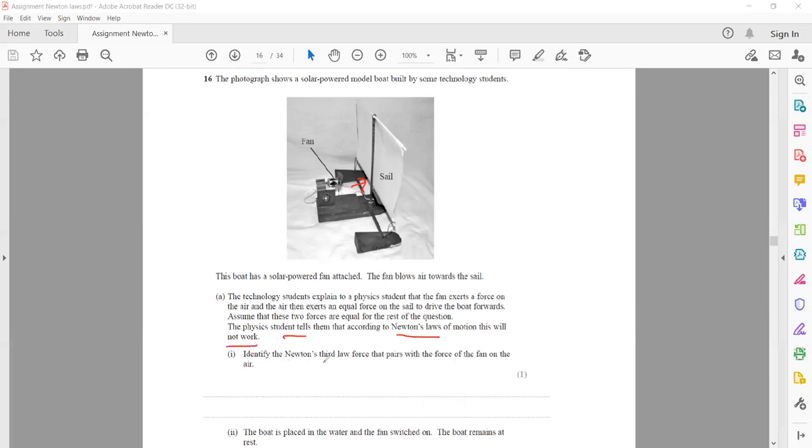Identify the Newton's third law pair force with the force of the fan on the air. So if there is a force of the fan on the air, what will be the Newton pair force? The Newton pair force will be the force of air on the fan.